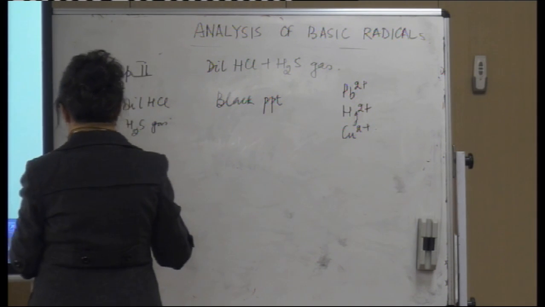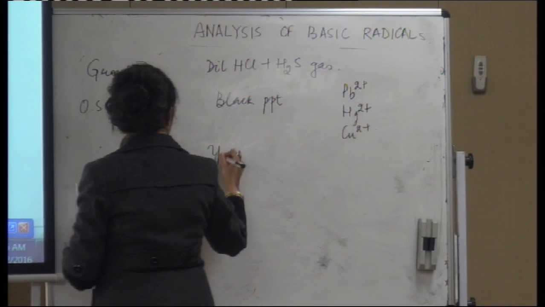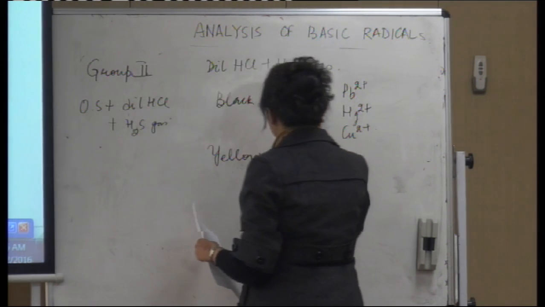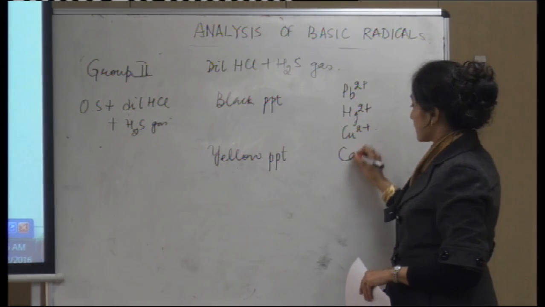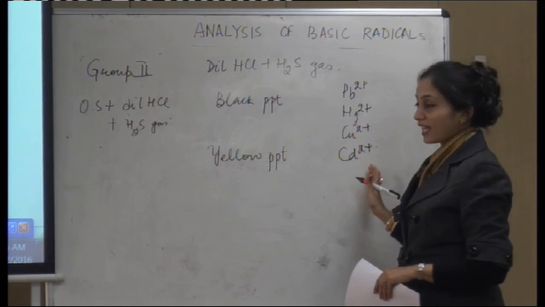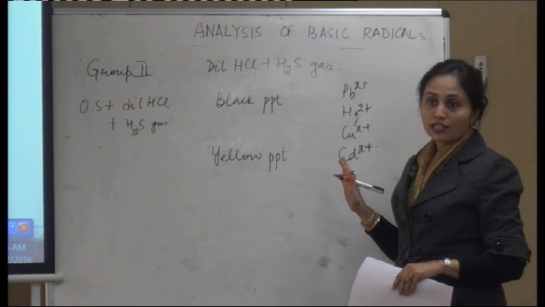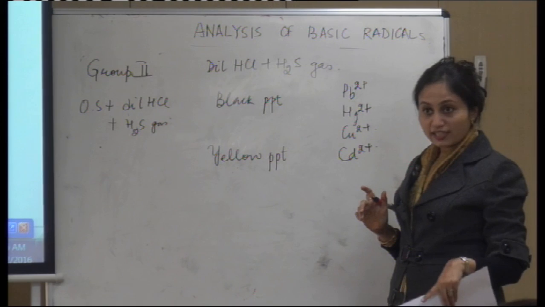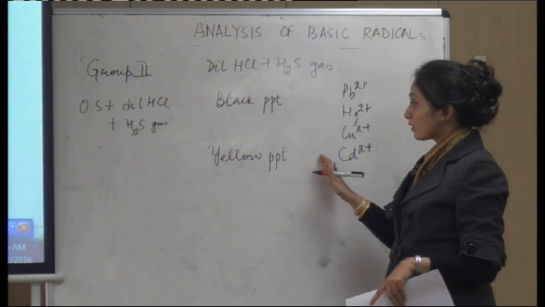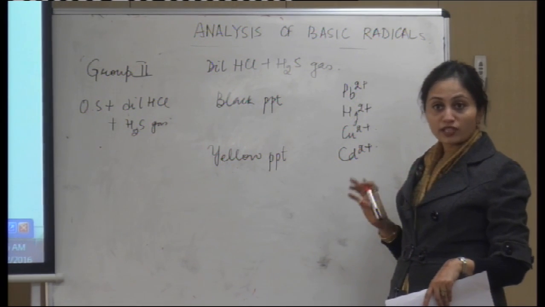Then if a yellow precipitate is obtained, you should feel more happy, because a yellow precipitate is only for Cd2 plus. But again, this is only an indication. It may be that because of some problem that I talked about, not cleaning or some other reason, do not feel happy the moment you get a yellow coloration or yellow PPT.